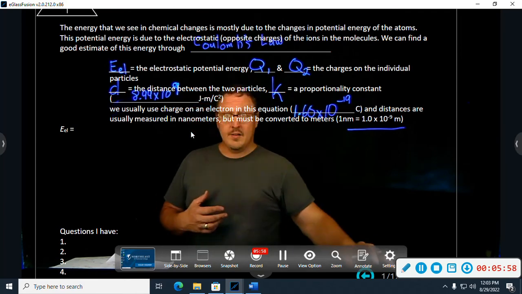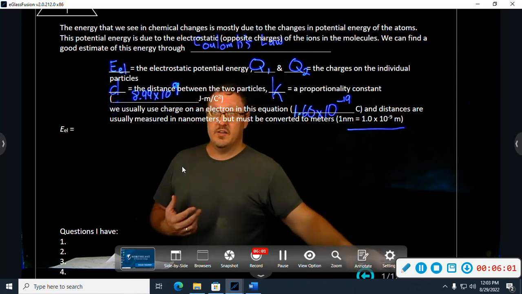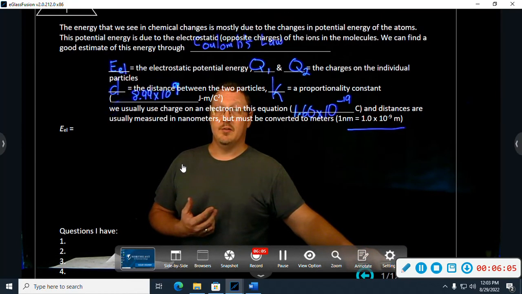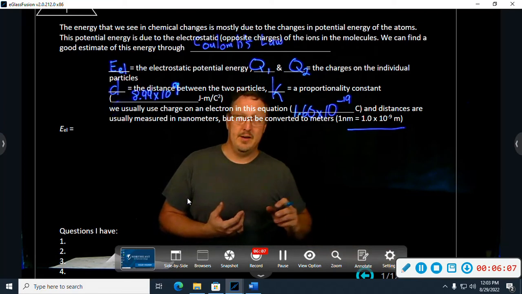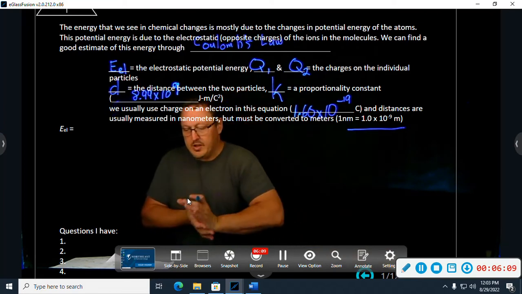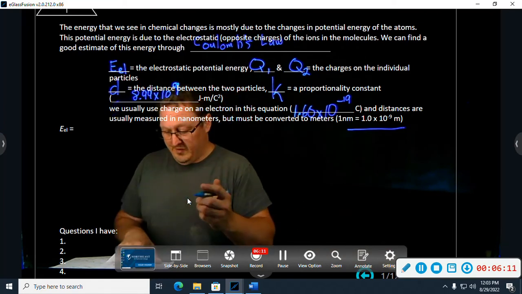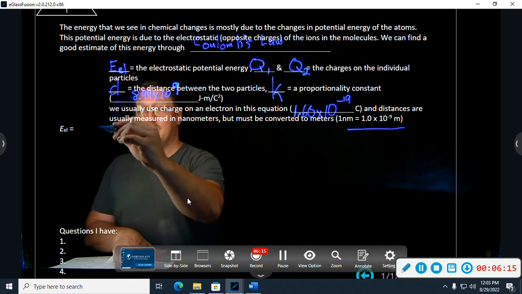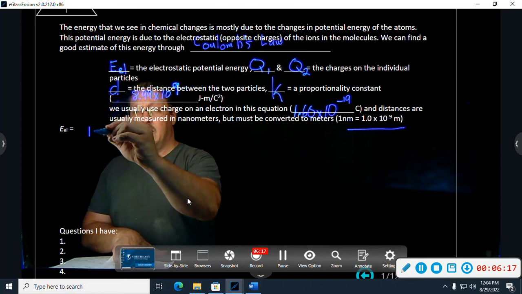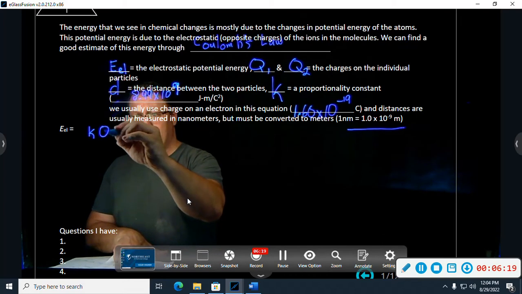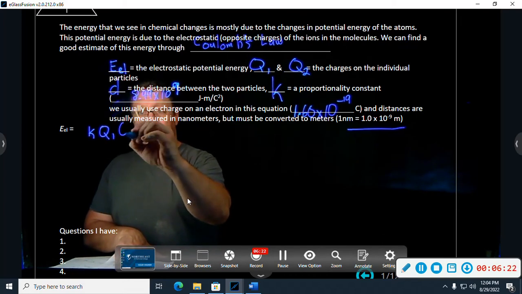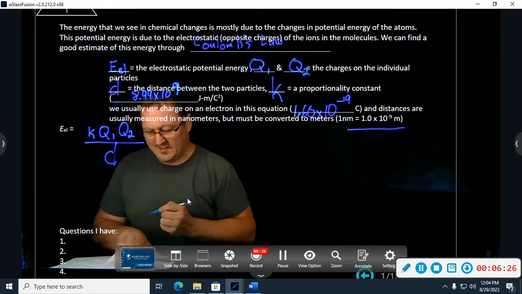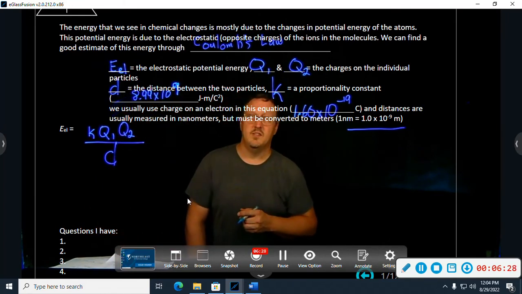All right, so as we use this, oh, I'm sorry, we'll put that back where it goes here for a little bit. So the line is across my eyeballs for just a little longer. Here's what the equation looks like. So E sub EL is going to equal my proportionality constant, my little k, times Q1 times Q2, divided by the distance between those pieces.